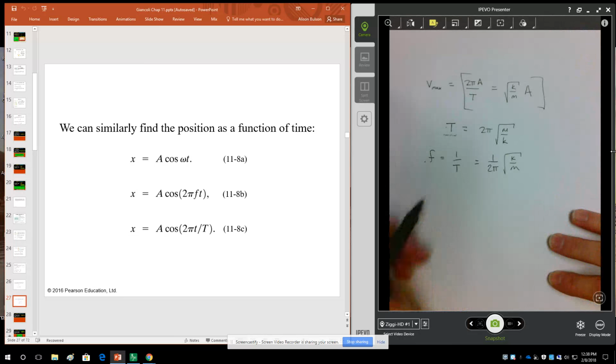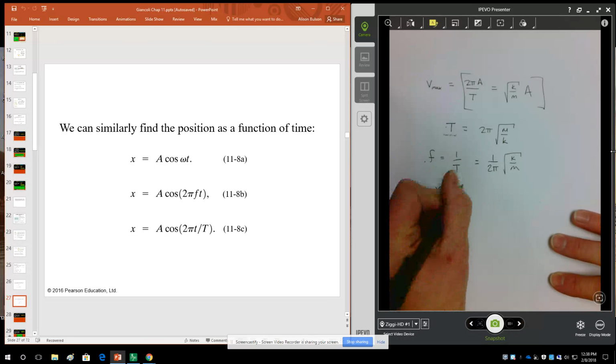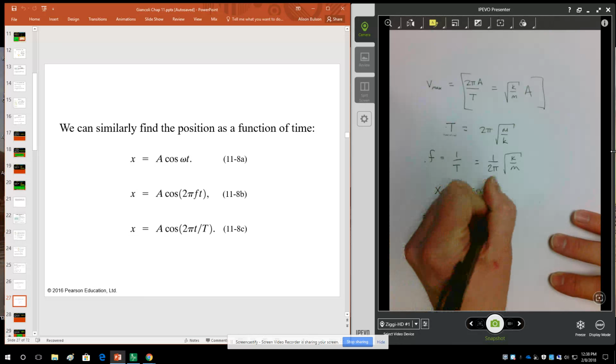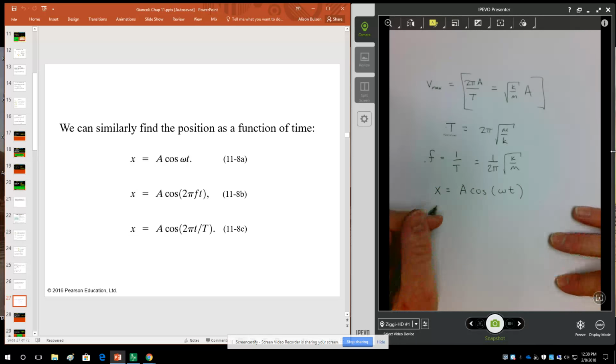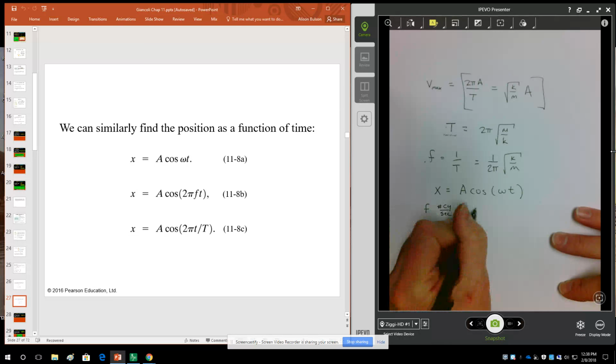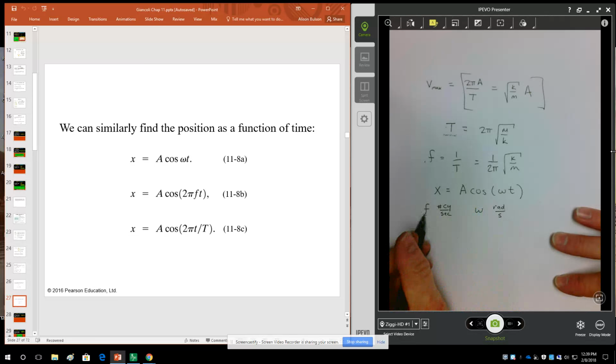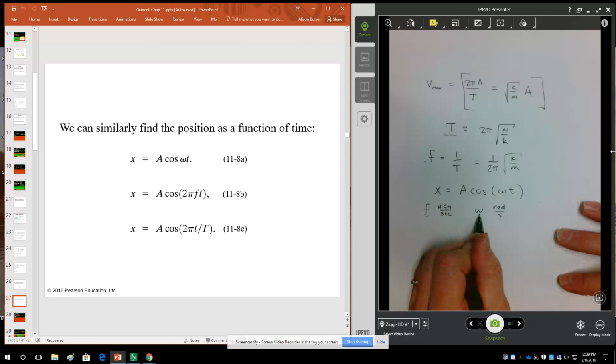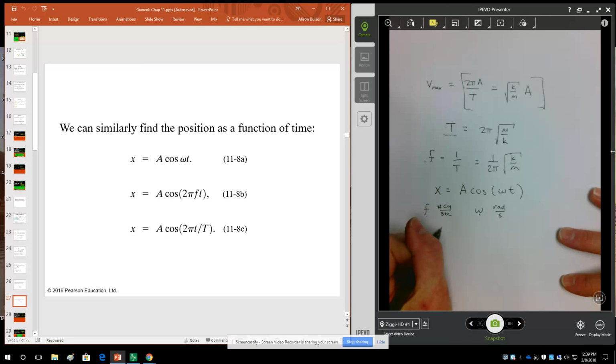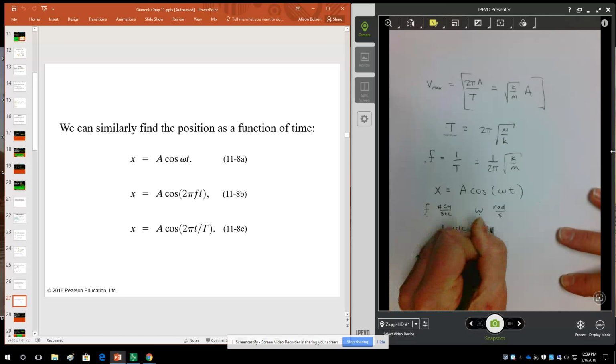So we can say that the position function that we had developed previously, x of t is equal to A times cosine of omega t. We remember that frequency is number of cycles per second, and that angular frequency is radians per second. We can switch from frequency in hertz to angular frequency in radians per second by saying that one cycle is equal to 2 pi radians.